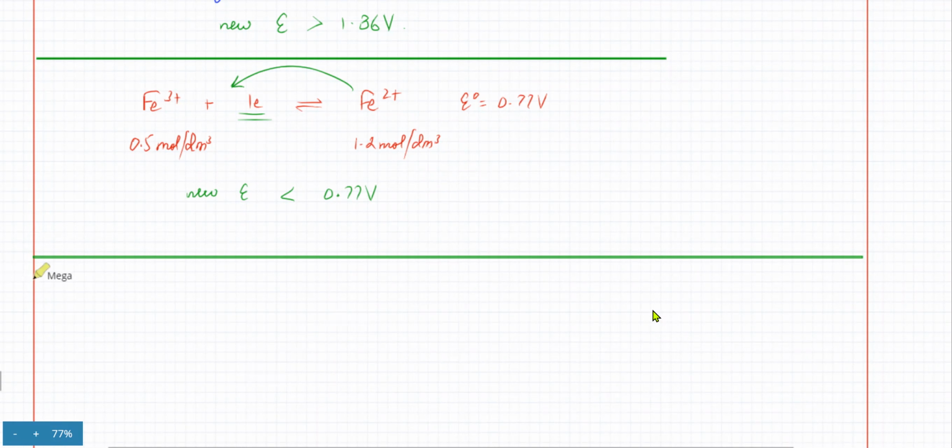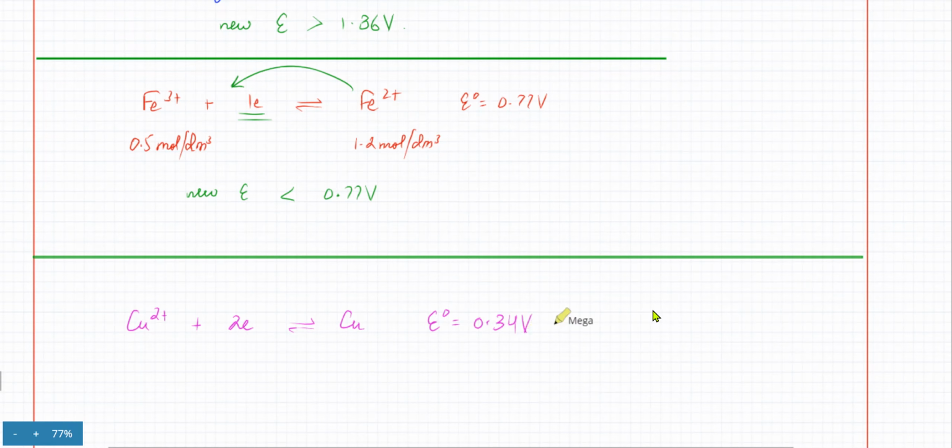One example is copper 2 plus plus 2 electrons in equilibrium with copper, and the E naught is 0.34 volts.